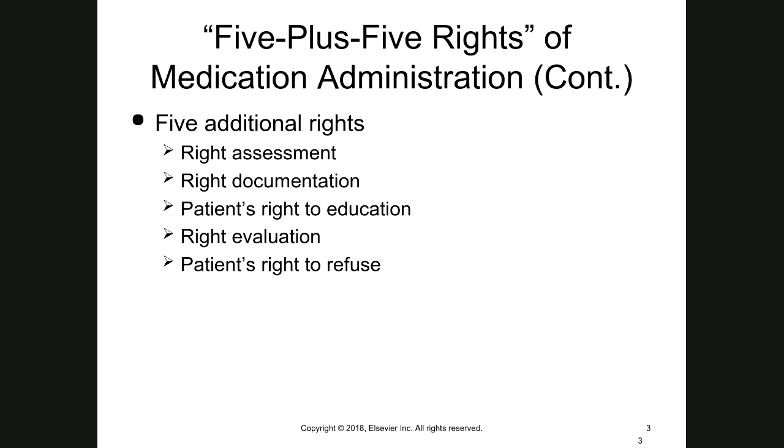That is essential, because you educate that patient, and if that patient refuses to take it, you will call the physician, but they do have the right to refuse it.